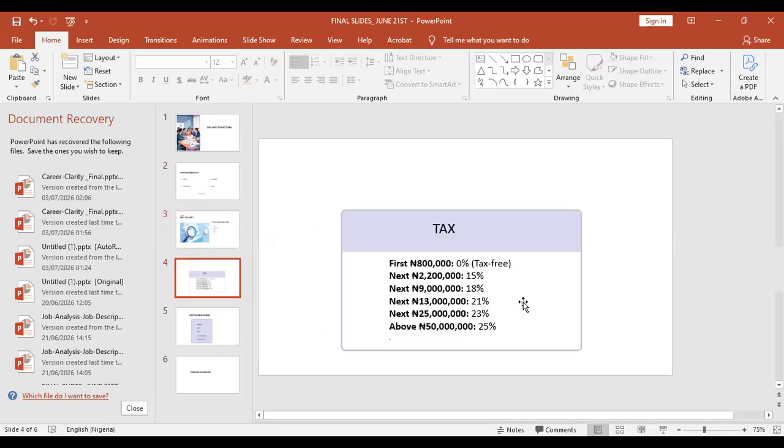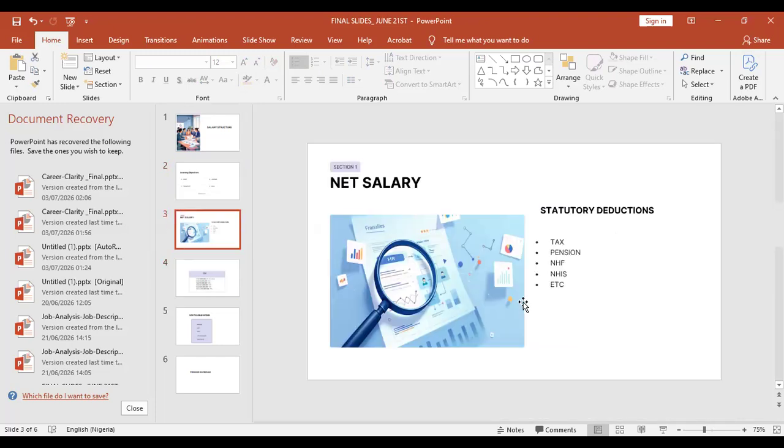So for the tax now, do we understand the new tax law? Very cumbersome. How do we calculate tax? Do we understand the tax brackets that they gave us?